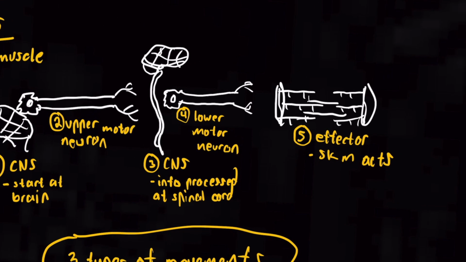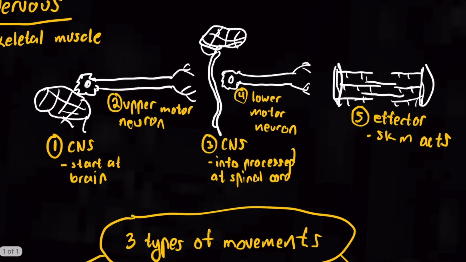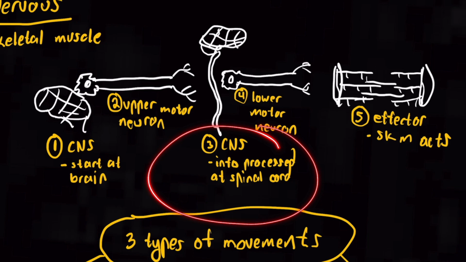So, what happens in the somatic nervous system? The first thing that happens is, let's say, the brain receives some sort of sensory input and will then send signals onto the upper motor neuron. After that, it will send signals back to the central nervous system component, in this case, the spinal cord.